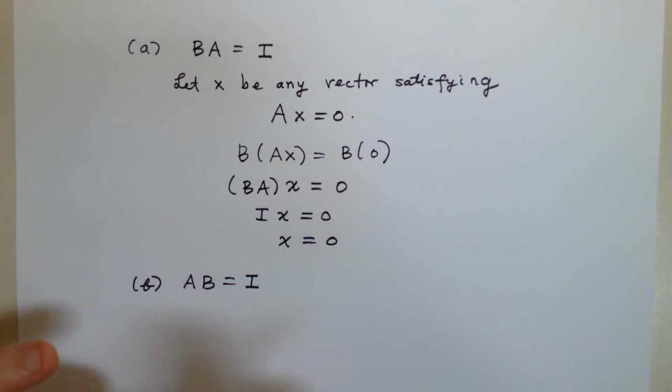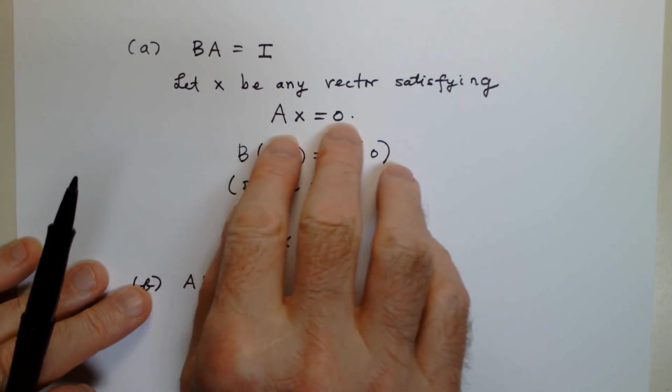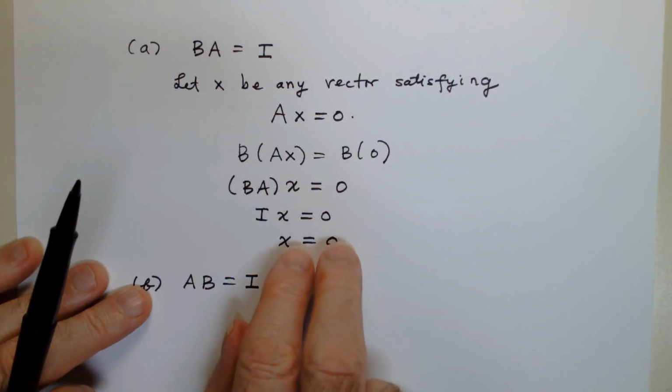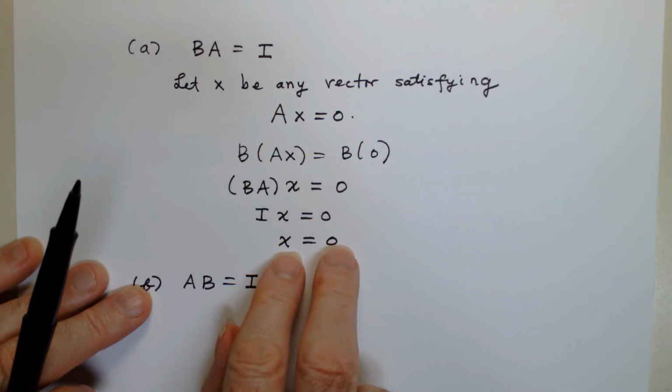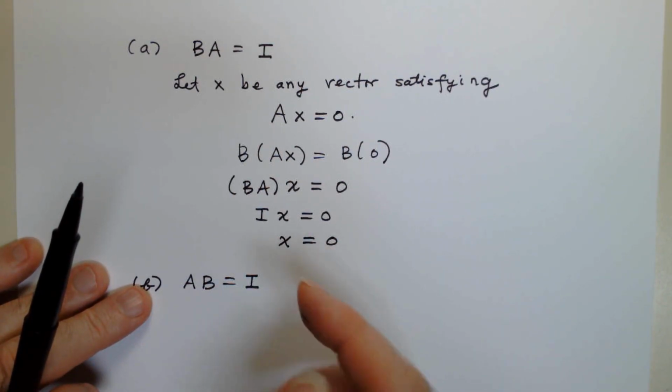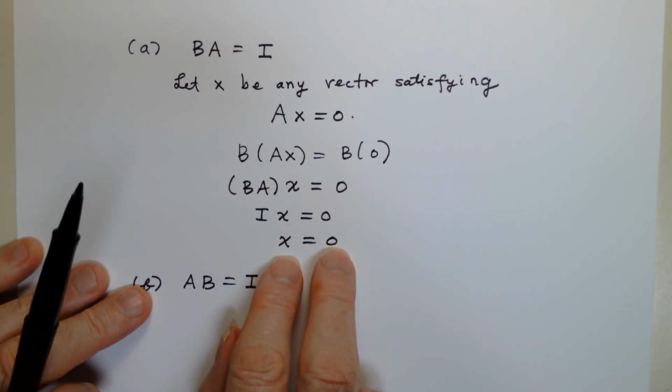And so what we've shown is that if I assume that x is any solution to this homogeneous equation, then it must be the 0 solution. That means that the 0 solution, the trivial solution, is the only solution. Now, if we think about what that means, that gets us into theorem 3.12.